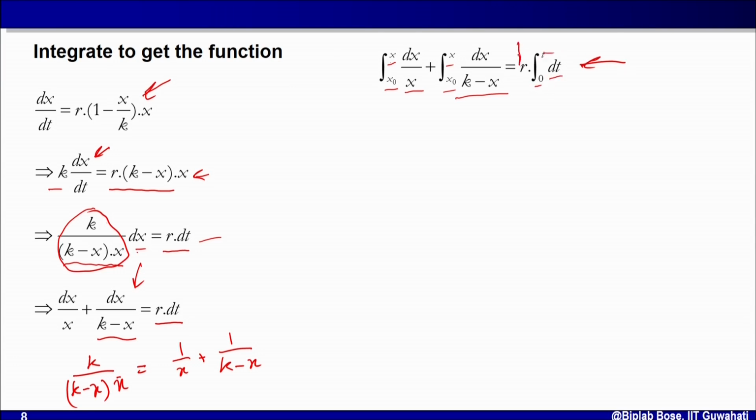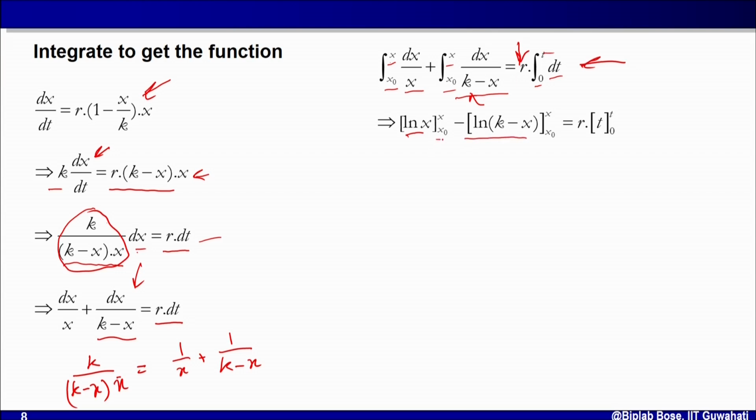Remember, r is a rate constant, it is a parameter, it is not changing with time, and k, the carrying capacity, is also a parameter and constant, not changing with time. So if I use the general formula of integration, from integrating dx by x, I get ln x. Integrating dx by (k minus x), I get minus ln(k minus x).